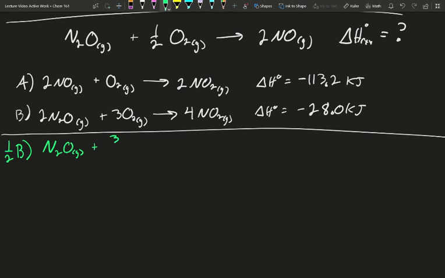This will give me 3/2 O2 gas. So 1.5. That's going to give me 2 NO2 gas. And a delta H of negative 14 kilojoules, just half the size.